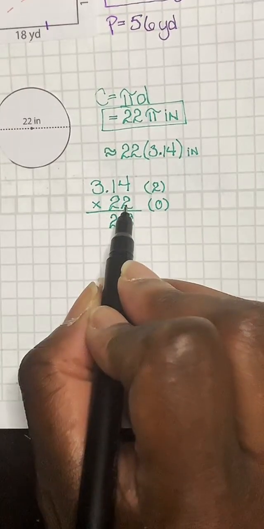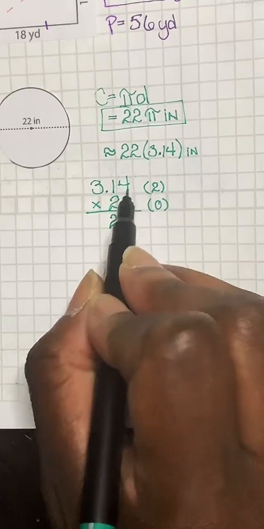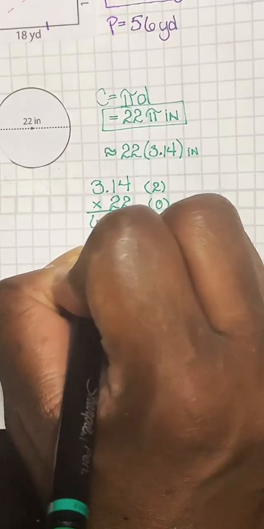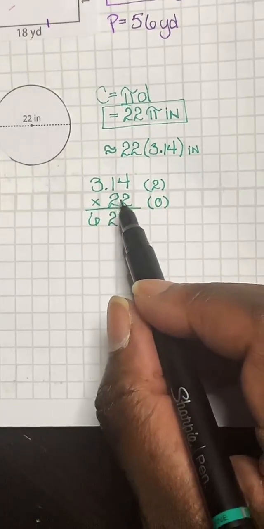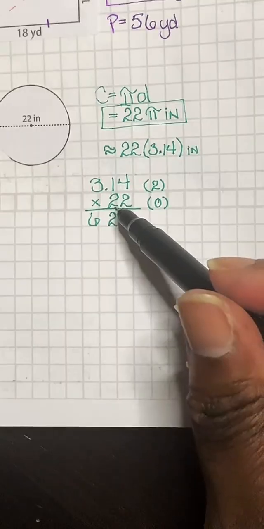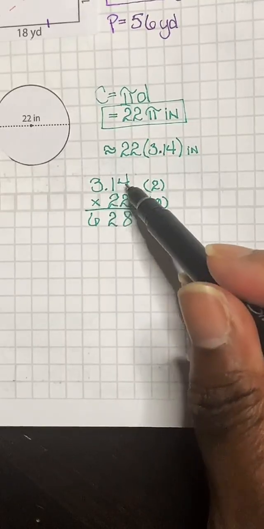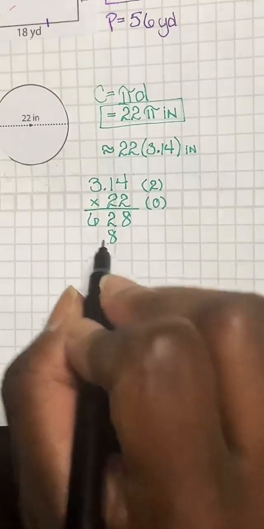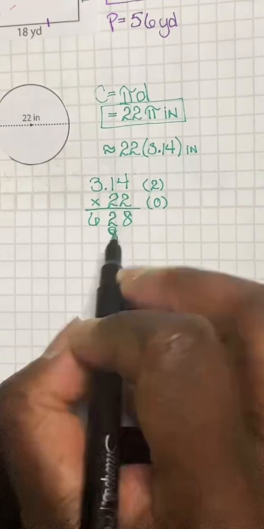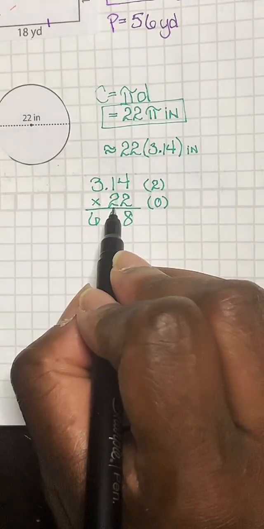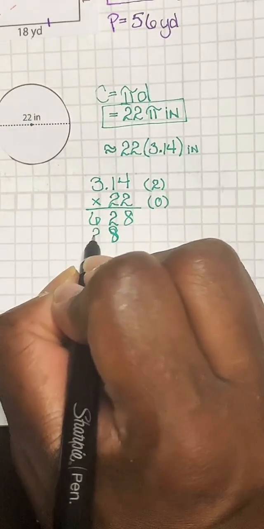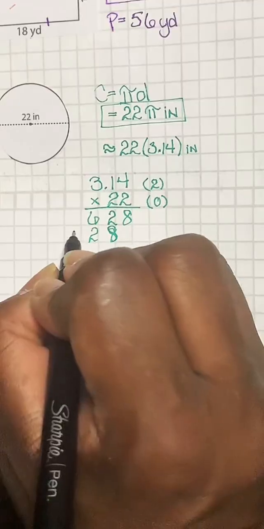Now I'm basically multiplying this last 2 to everything in the top portion. So 2 times 3 gives me 6. And I know nowadays they do all kinds of grouping and everything. Go with what you know. So now 2 times 4, that gives me 8. And I'm putting it in the tens column because the 2 is in the tens place. So 2 times 1 gives me 2. 2 times 3 gives me 6.